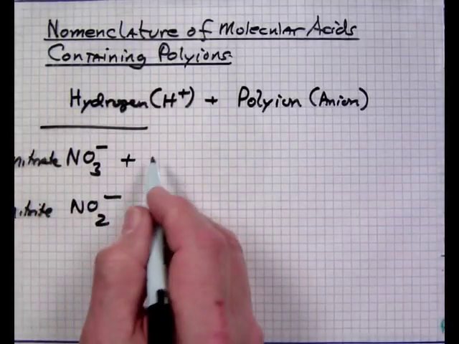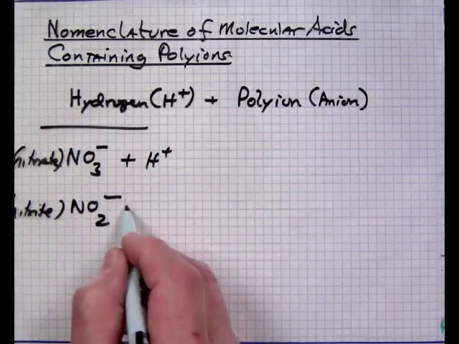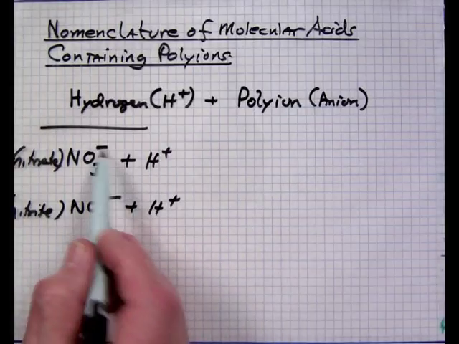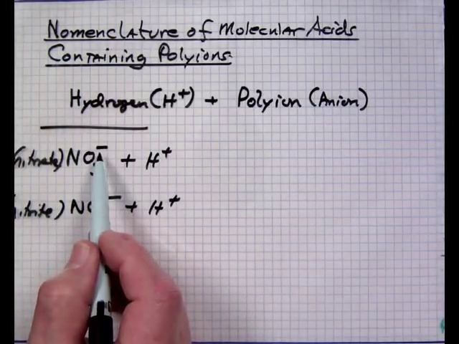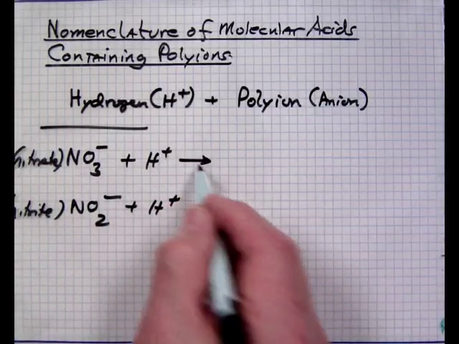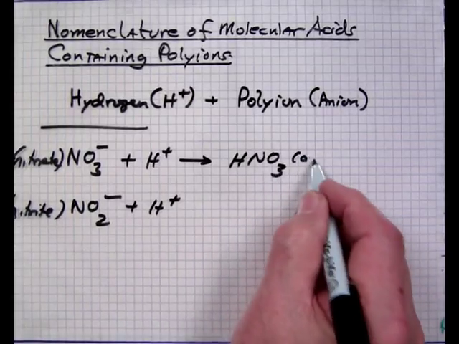Now, I want to add to that a hydrogen. How many hydrogens do I stick on to the NO3 and the NO2? Well, only one. It only takes one to neutralize the negative charge. If I had a 2 there, I'd have to put 2 hydrogens in. Well, long story short, it winds up HNO3, and it's of course going to be in water.